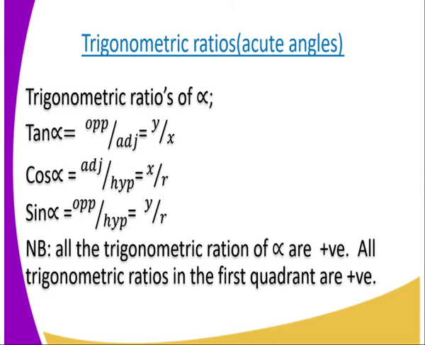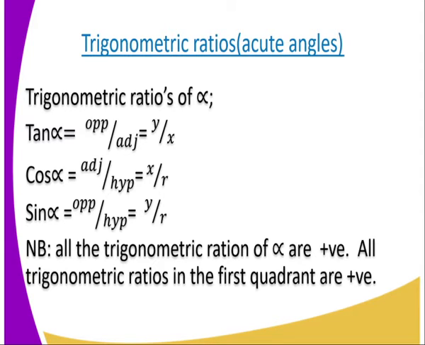I've already mentioned where we have alpha, it is in the first quadrant. Now, when we take the opposite and adjacent of alpha, tan alpha is supposed to be y divided by x, and these values are positive. While cos alpha is supposed to be adjacent over hypotenuse, which is x over r.